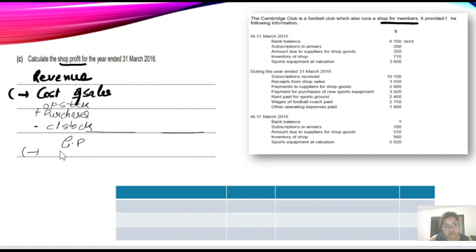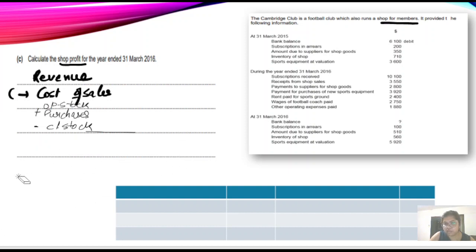Okay, and then deduct other expenses. Okay, other indirect expenses, but that expense is related to the shop only. Okay, and then your net profit. But like in this question there is no other expense, so no need to do all these things.